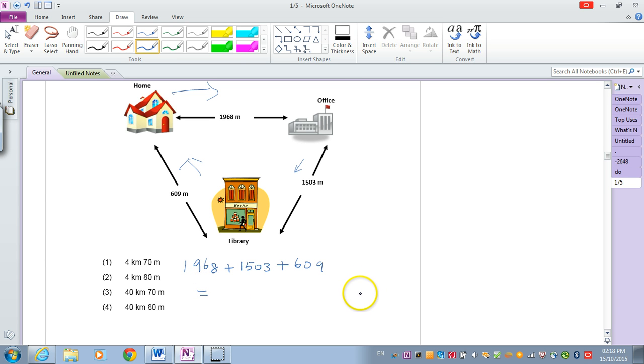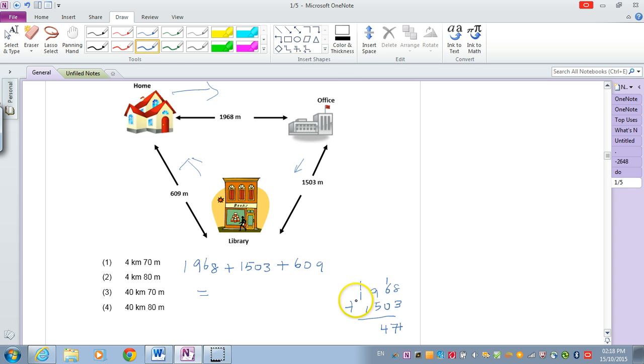So 1968 plus 1503. So 8 plus 3, that will give me 11, so I have to regroup. And 6 tens plus 1 ten, that gives me 710. Okay, and now I have 900 plus 500, that will give me 1400.